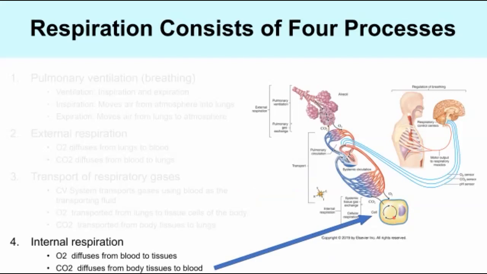Oxygen diffuses from the blood to the cells within the body in different tissues and locations, while at the same time carbon dioxide, a byproduct of metabolism, diffuses from within our cells into the bloodstream so that it can be returned back to the heart. This process of gas exchange at the level of the cells and tissues is called internal respiration.